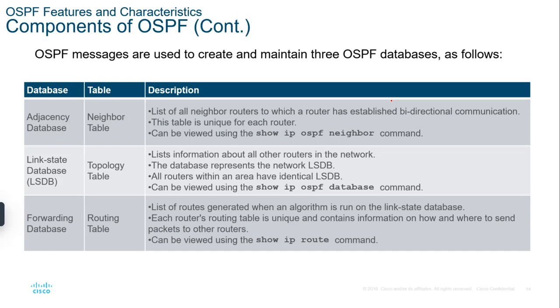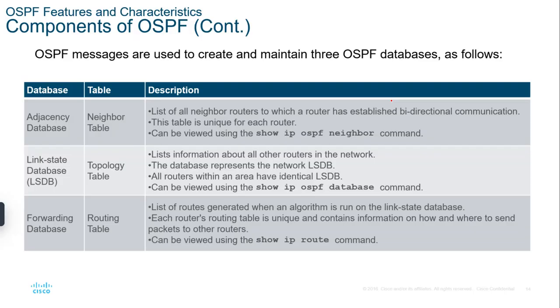So it's from the topology table where the routing table is extracted from, and the routing table is derived from the forwarding database.